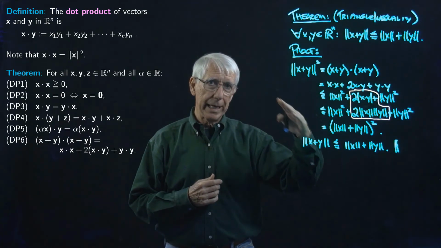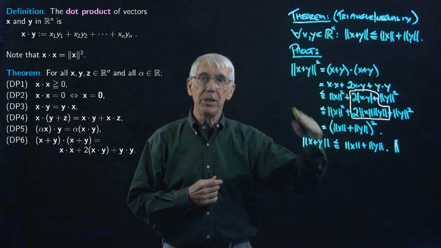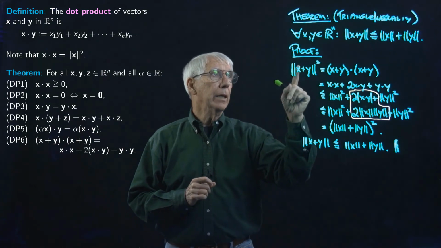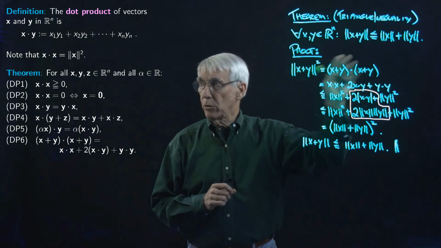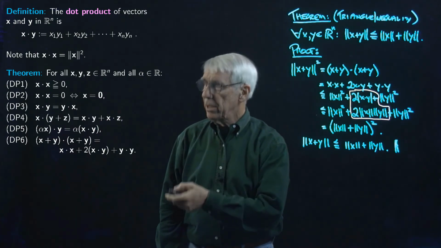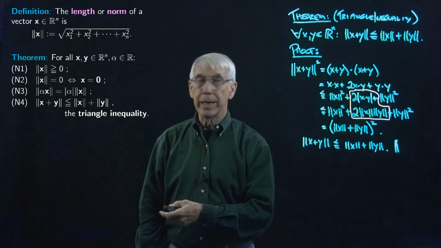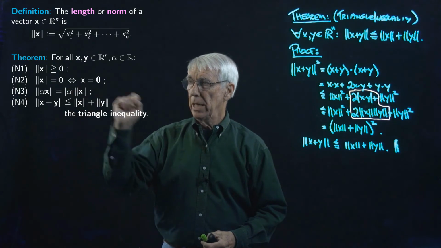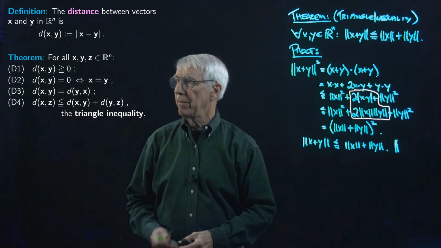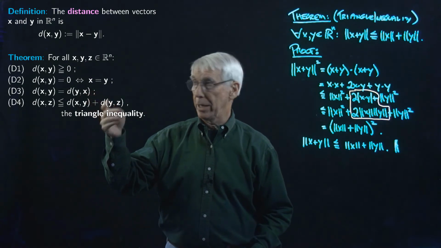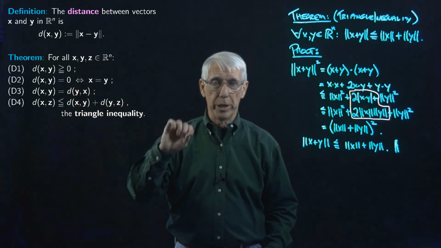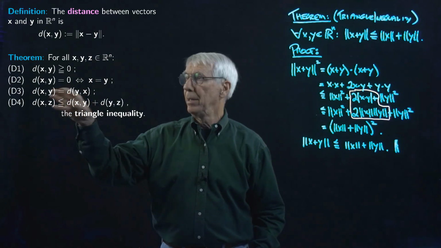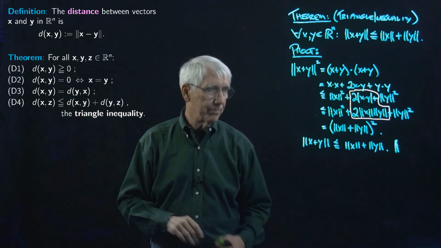And we saw how that was related to hyperplanes and half spaces. We could come back and see those again. And now the Cauchy-Schwarz inequality and the triangle inequality. The triangle inequality that we proved here is the triangle inequality for the norm, but we also have basically the same inequality, the triangle inequality for distance, which, as I've pointed out, you can obtain from N4, the triangle inequality for the norm, with some straightforward algebra.